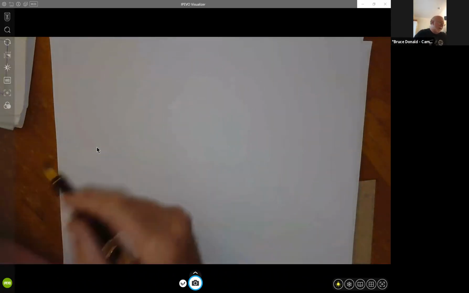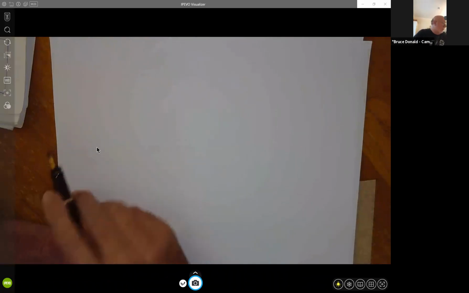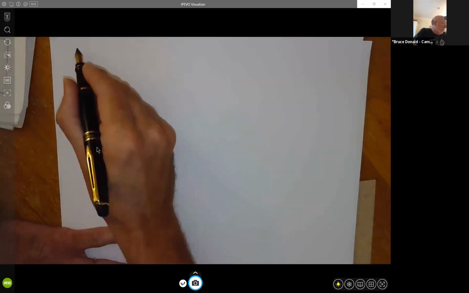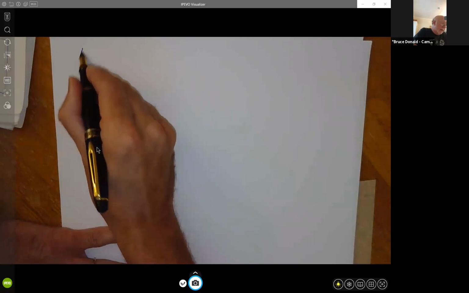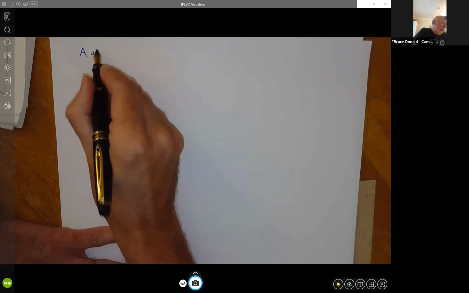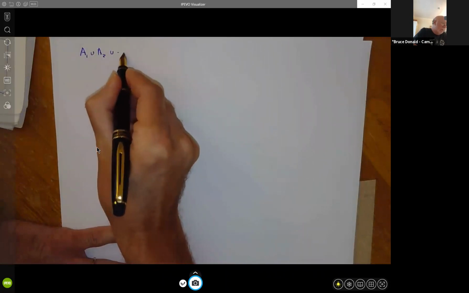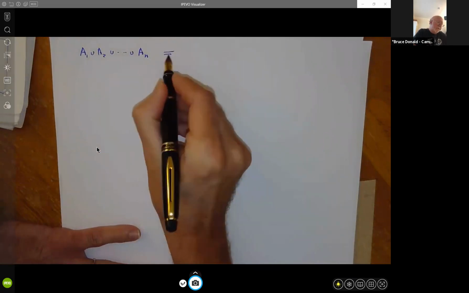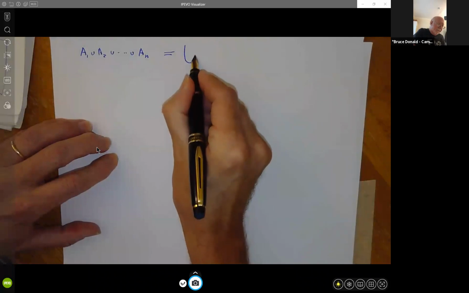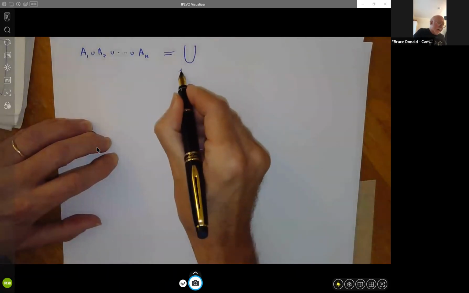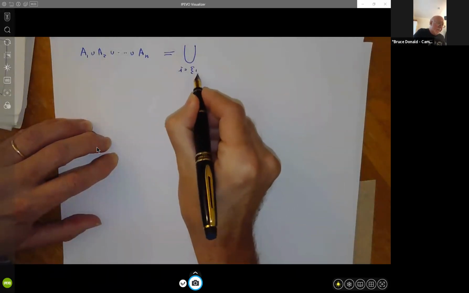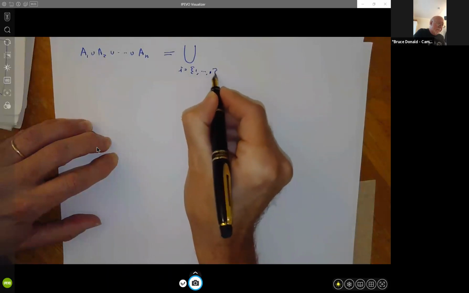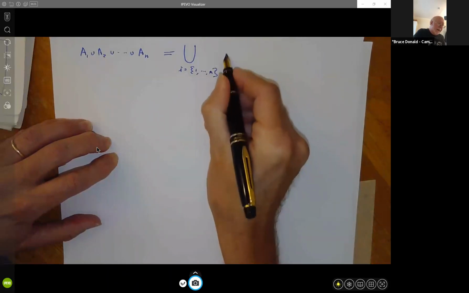So let's do that now. Just a little notation here. It's convenient to index sets by the natural numbers, for example. So if we have a lot of unions, we could write something like A1 union A2 all the way up to An. And we can denote that by a big union for i equals 1 to n of Ai.